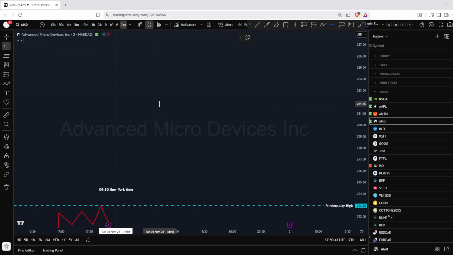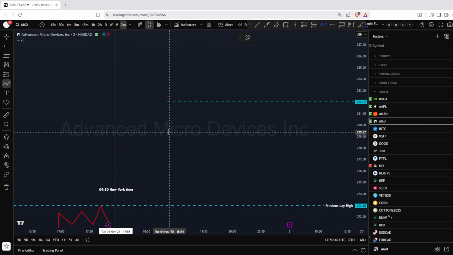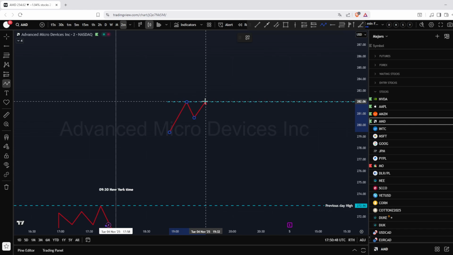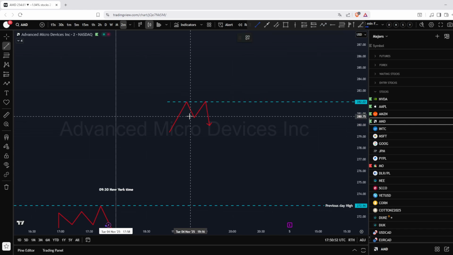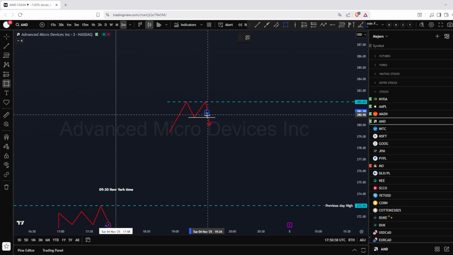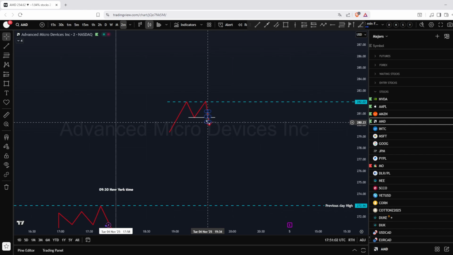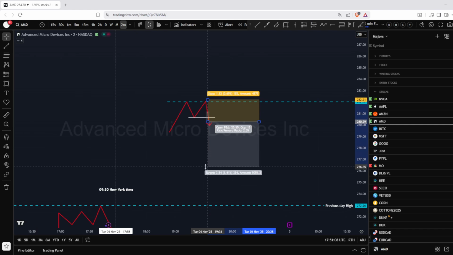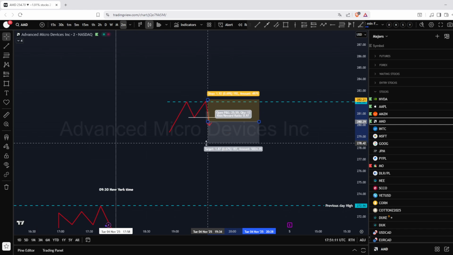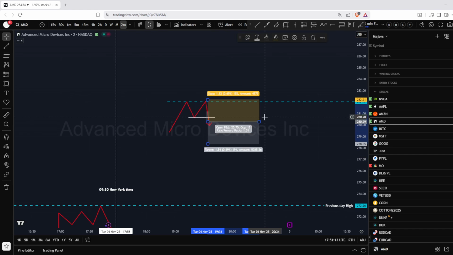I do consider valid patterns like double tops, and we enter on the break of the neckline. If a candle with a nice volume closes right there, I would take a trade. I would set my stop loss there and my take profit wherever I want, but usually it's 1-to-1.